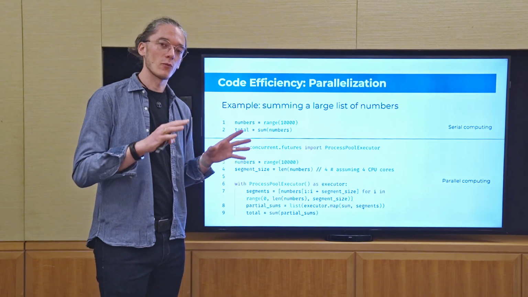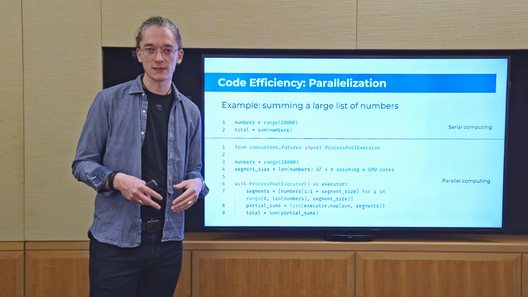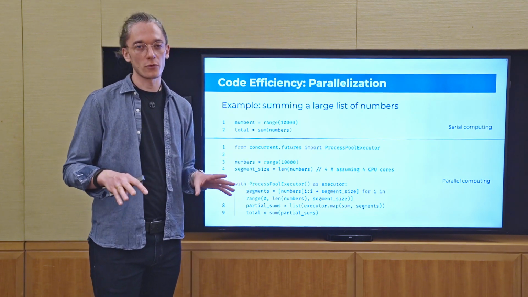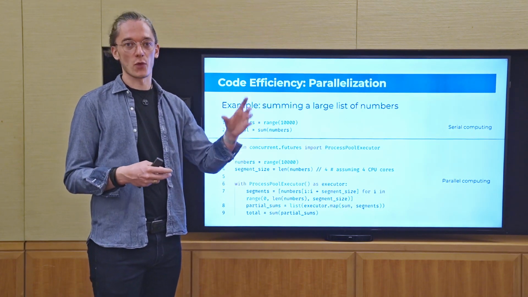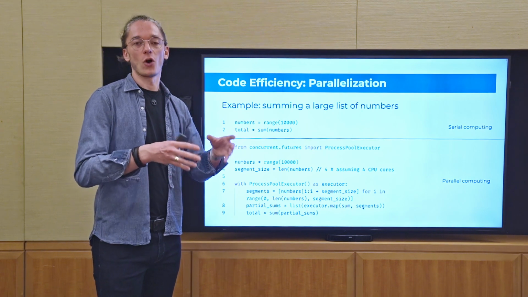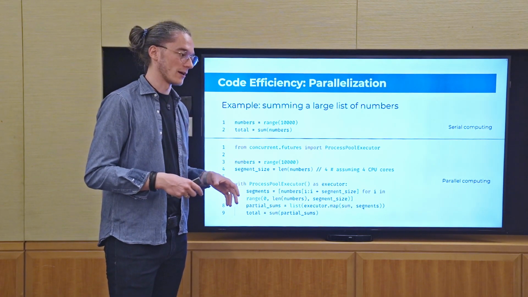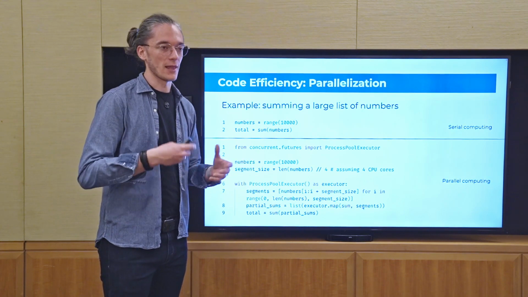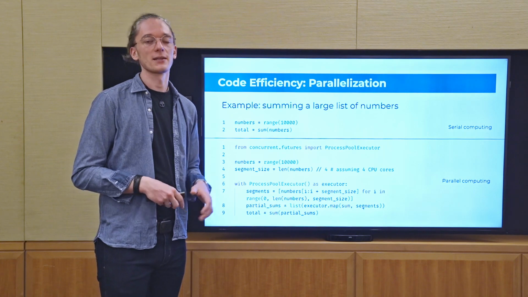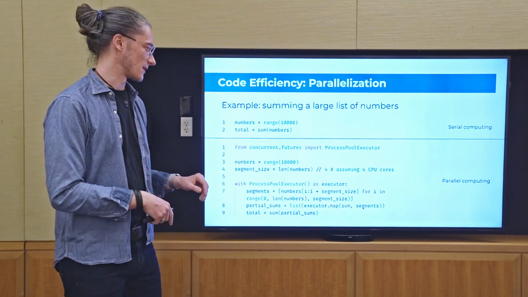In Python, what you really want to do in most cases is parallelization through processes, because there is something called the global interpreter lock, for good reasons, that makes sure that threads operate in the same parent process, and therefore are not suitable for making use of different cores, because the way Python works doesn't allow that. Long story short, use processes if you want to use multiple cores for your tasks.